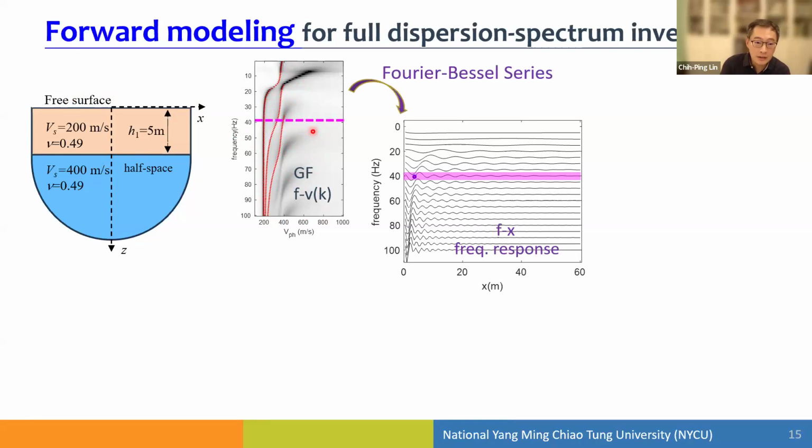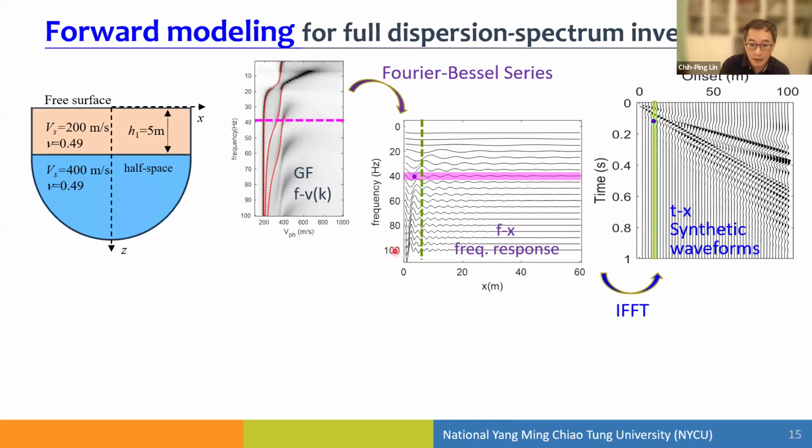At each frequency, we perform a Fourier-Bessel series and get the solution back into the physical domain. This is the harmonic response with distance. If we compute the response at many locations and perform an inverse Fourier transform or Fourier series synthesis, we get the waveform.